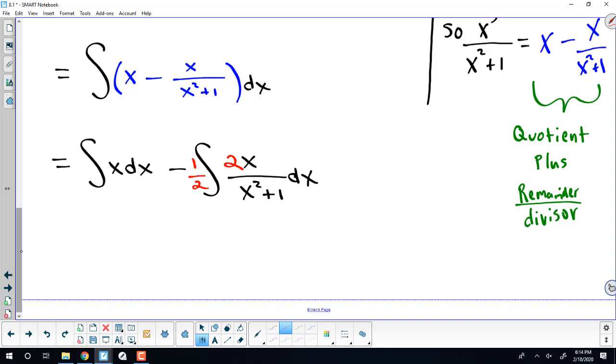If that doesn't make sense, then from here you're going to let u equal x squared plus 1 and go through that whole spiel.